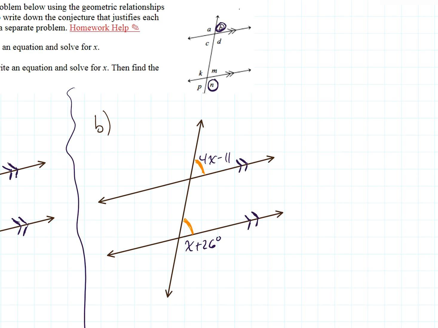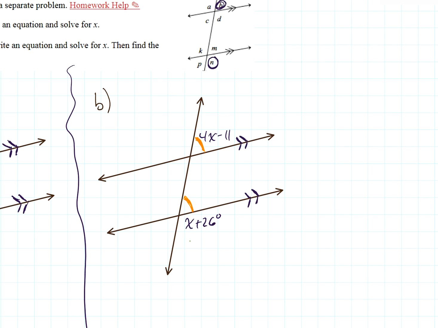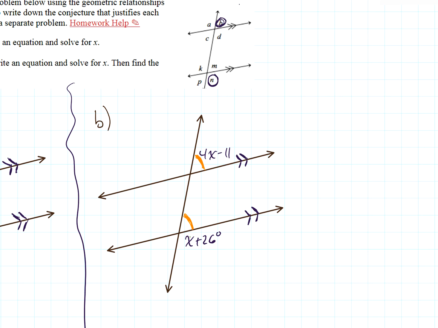And another conjecture I have is if two angles are formed off the same line, they form what we call a linear pair. So if I look at it, this angle that I've labeled with the green and the one that I've labeled with orange, they have to add up to a straight angle, which is 180 degrees.